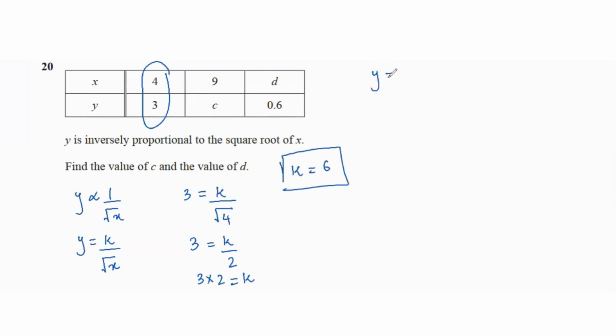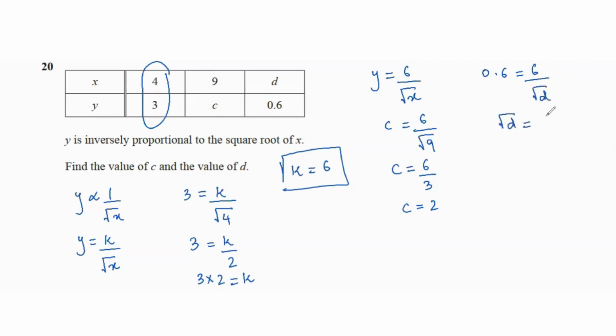So now we have y equals 6 over square root of x. So to find c, that's going to be 6 over square root of 9, which is 6 over 3, and that is 2. And to find the value of d, 0.6 equals 6 over square root of d.